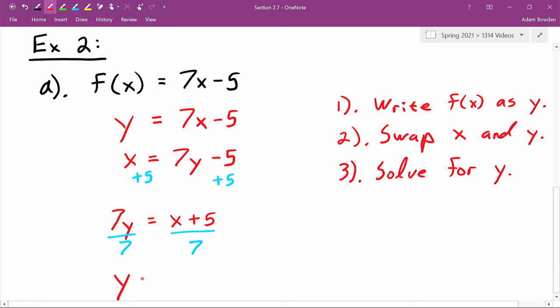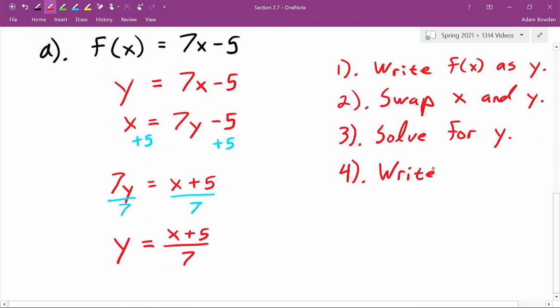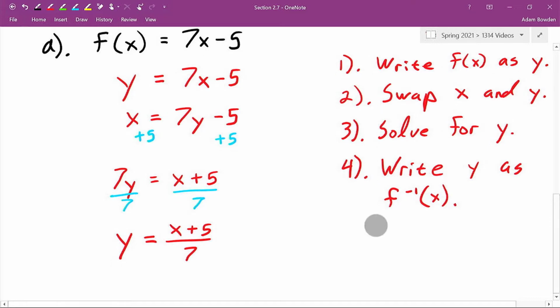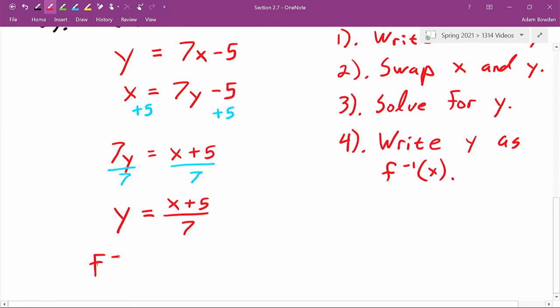And as a result, we'll have y is equal to x plus 5 over 7. So the last step is to write y back in function notation, but now using the inverse function notation for f inverse of x. So we'll say that f inverse of x is equal to x plus 5 all over 7.